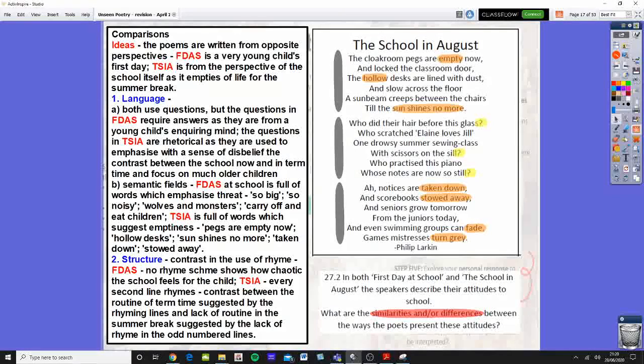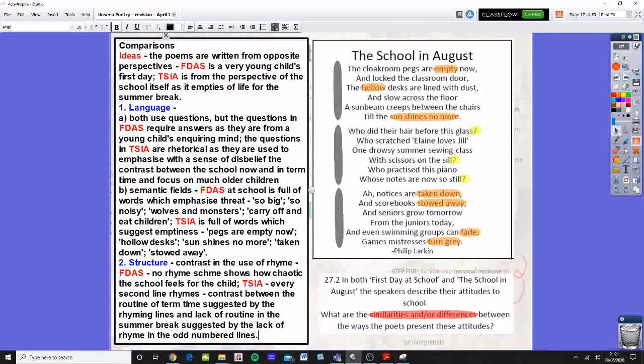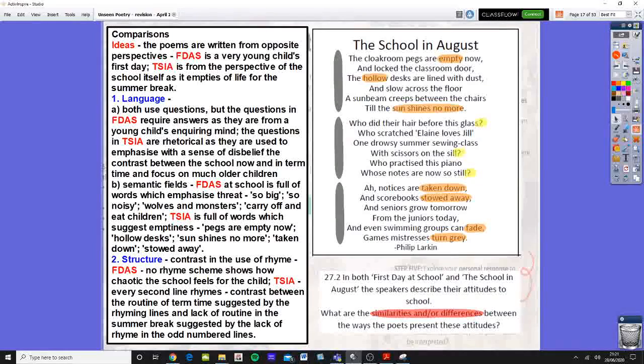So what I wanted to focus on is the use of rhyme. Now, if you look at First Day at School, there is no clear rhyme scheme. In fact, I'm not even sure there's a single rhyme in the whole thing. Let me just correct my spelling of scheme there. And I think that is appropriate because the school feels chaotic for the child, and the lack of a rhyme scheme echoes the feelings of the child.